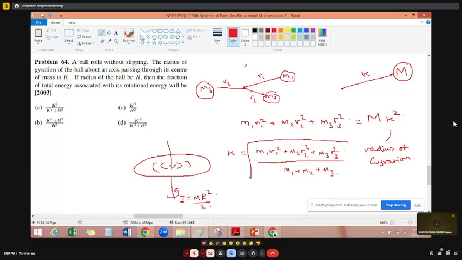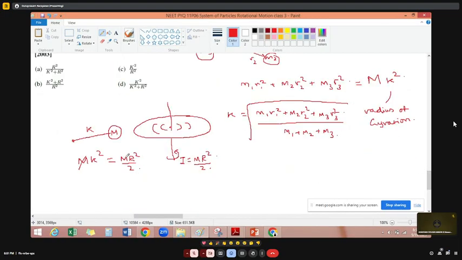What if I put the total mass in one single place? That will be the radius of gyration. So it will be mk squared equated to mr squared by 2. The m cancels, so k squared will be r squared by 2. That is my radius of gyration for a circular disk.